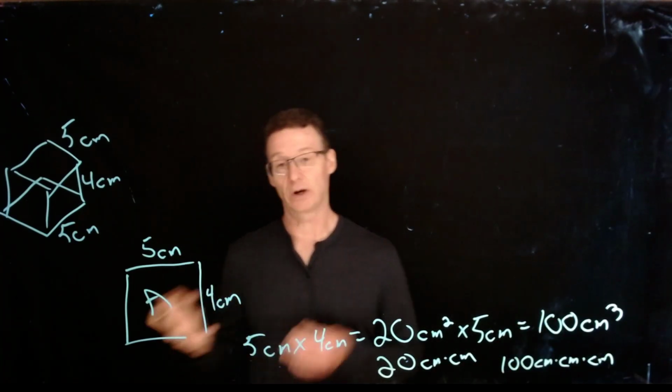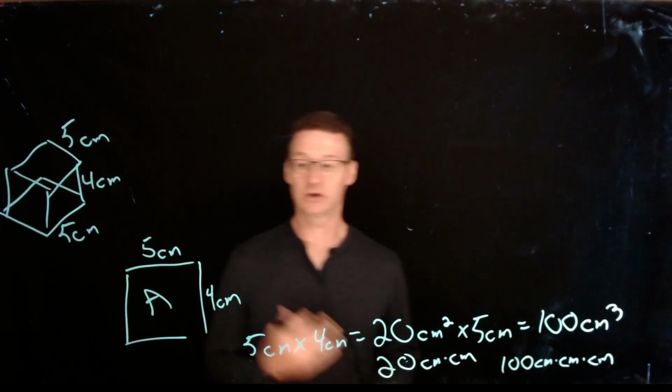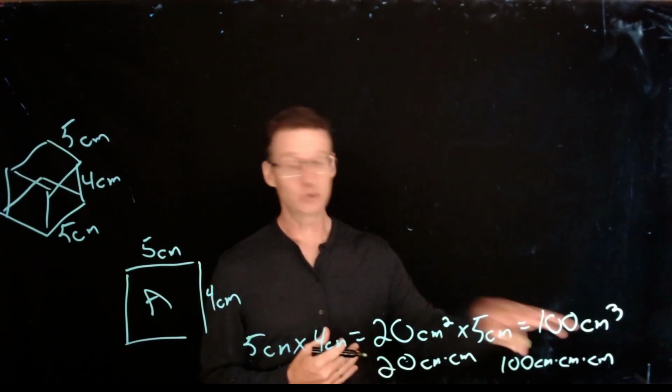So that's how we get squared and cubed units, and it's helpful to break that down because when we do the conversions, we're going to use that to our advantage.